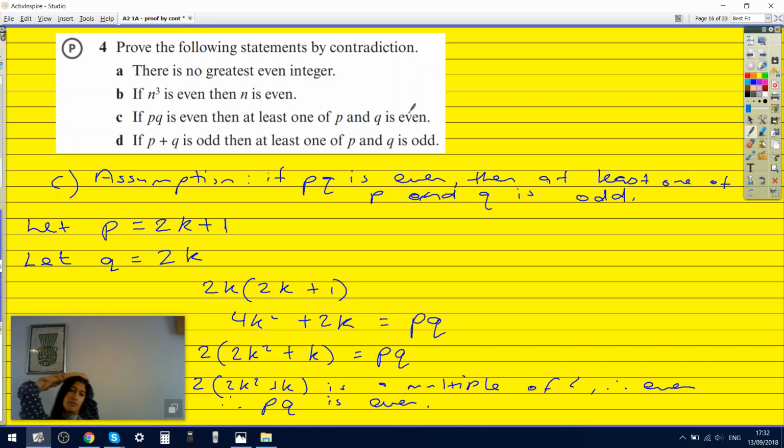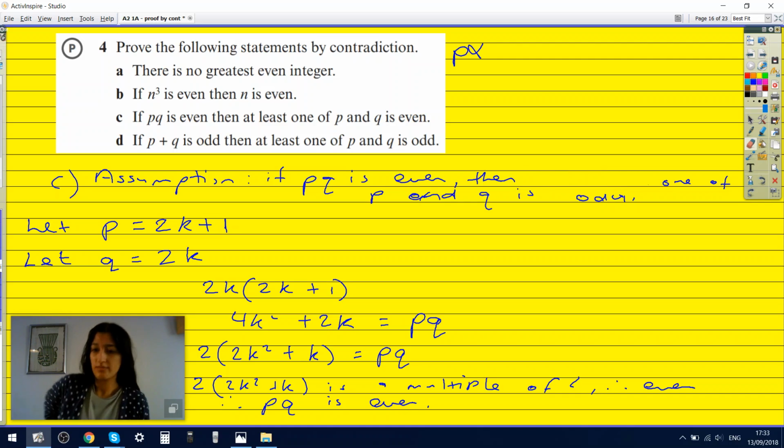So if at least one is even, that means P is even, Q is even, or they're both even. So what's the only way? The only way that it can't work? Yeah. They're both odd. They must both be odd. Yeah, that's the negation statement. Otherwise it just doesn't work out.